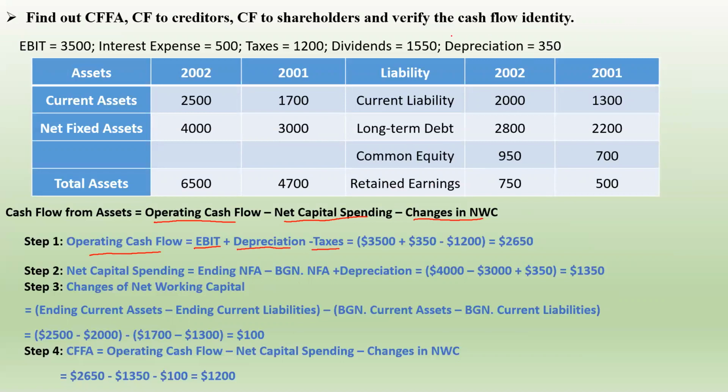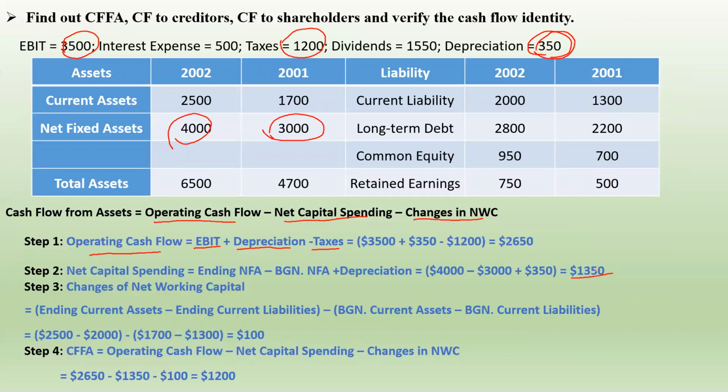EBIT is given here. Add depreciation minus tax. So it's 2,650. Net capital spending is the ending balance of fixed assets minus the beginning balance of fixed assets, and then add the depreciation.